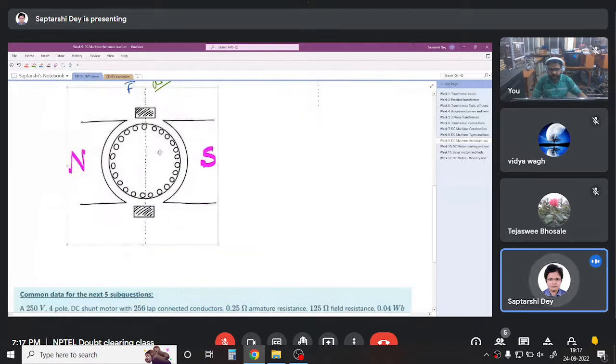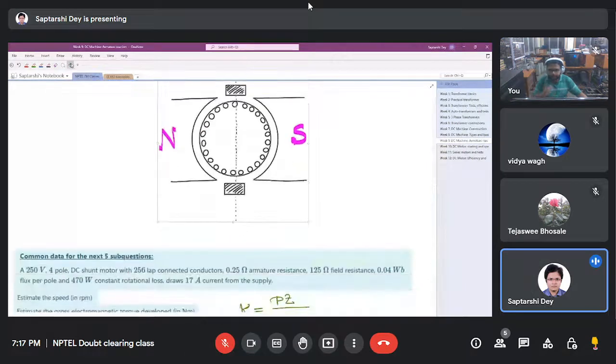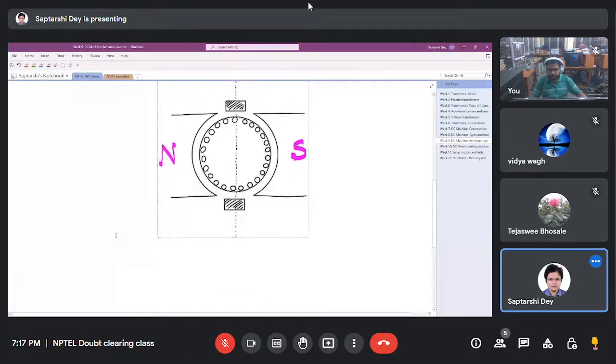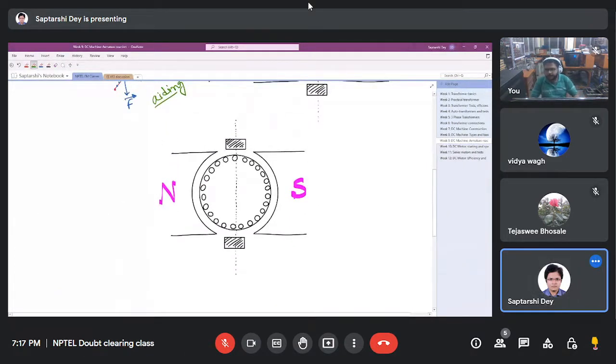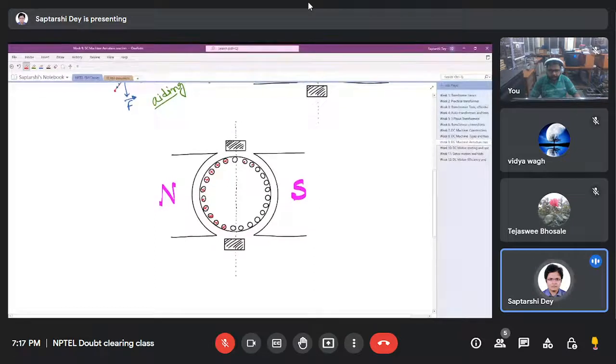So a clear figure we have. All the currents are flowing in this fashion, cross here, I should have drawn it before.